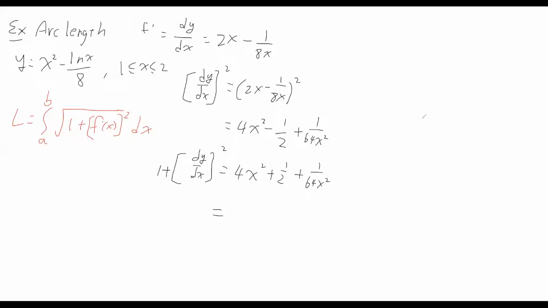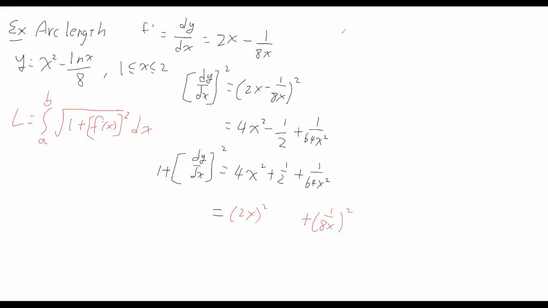So the first term is 2x squared, and the last term is 1 over 8x squared, right? The middle term, if it's 2 times 2x and 1 over 8x, then we get ourselves a perfect square trinomial, right? Let's check.